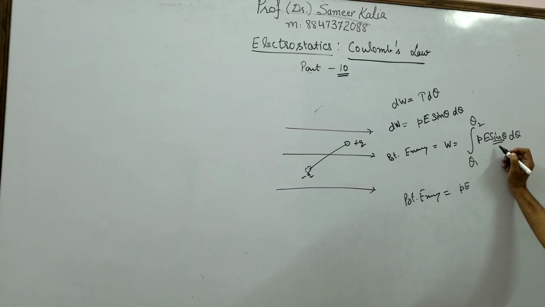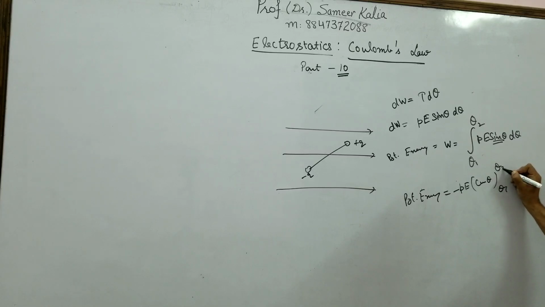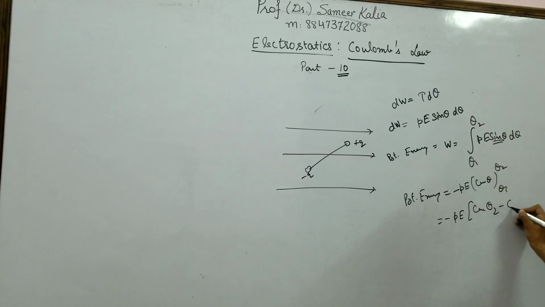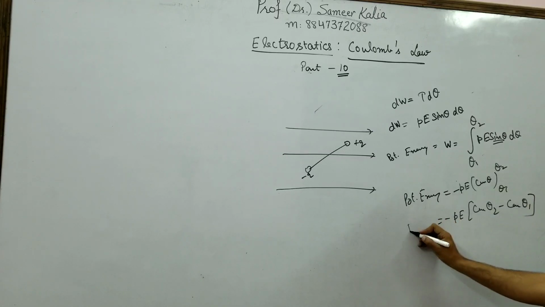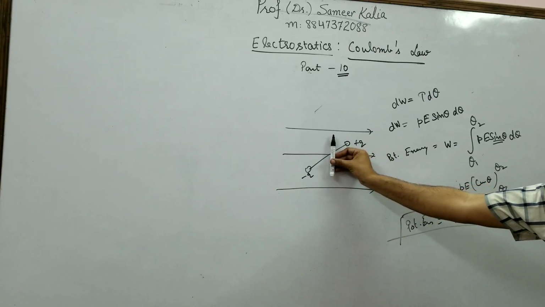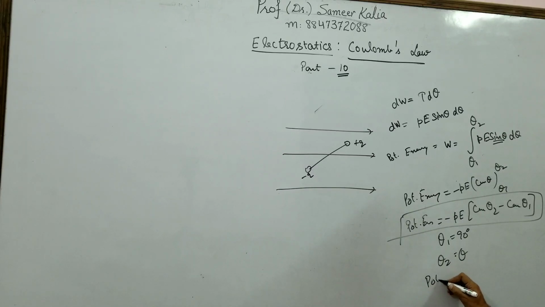The integration of sine theta is minus cos theta from theta 1 to theta 2, which turns out to be minus pE times cos theta 2 minus cos theta 1. So this is the expression for potential energy. We can simplify this by assuming that initially it was at right angle to the electric field. That means theta 1 is 90 degrees and I rotated it through an angle theta, so theta 2 is theta. So the potential energy of the system can be written as minus pE cos theta.